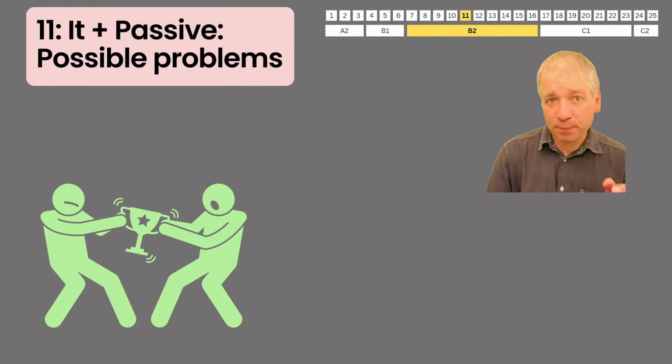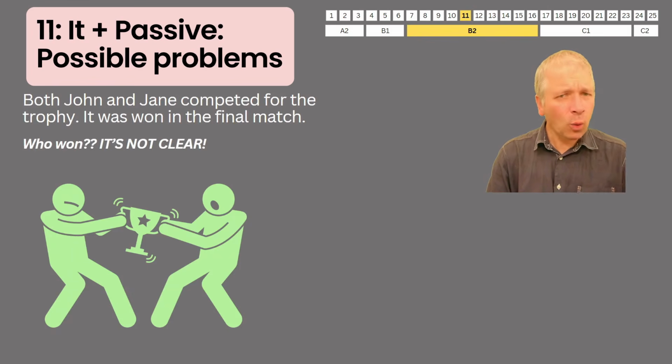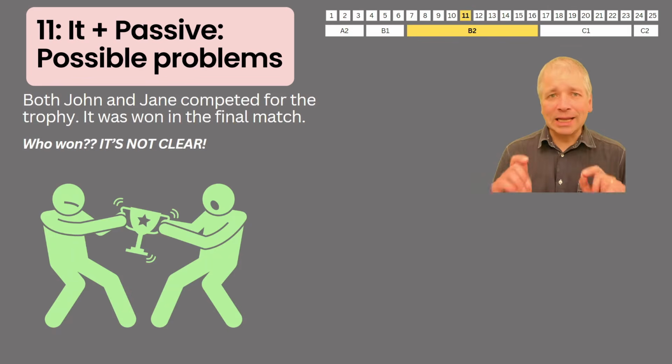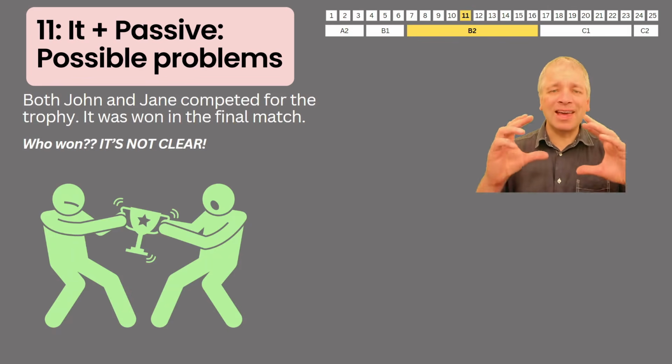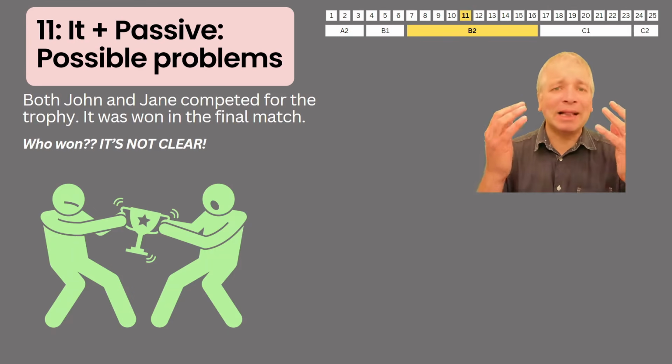However, there are some possible problems. Look at these sentences here. Both John and Jane competed for the trophy. It was won in the final match. But who won? It's not clear. The problem with using it sometimes is you need to make sure there are nouns that it can refer to clearly.